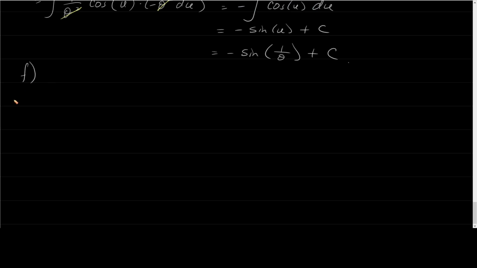F. F says the integral of 3e to the 3x plus 4 times e to the 3x plus 4x to the 7/3 dx. All right. So, I mean, this looks more complicated, but it is not.